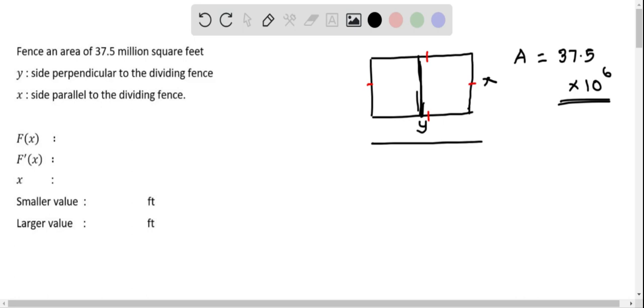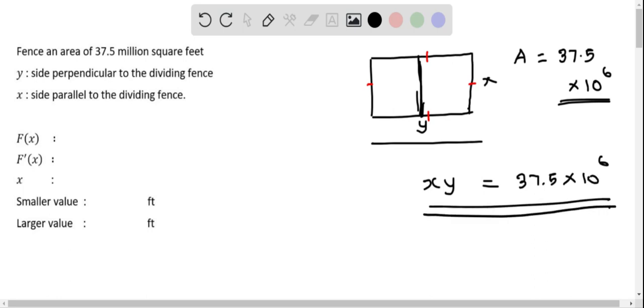So basically we have two sides, one of them is perpendicular and one of them is parallel to the dividing fence. So we can write down the equation for area. Area is basically the length and width of the rectangle multiplied together. This is equal to 37.5 times 10 power 6. So let's have it like this.